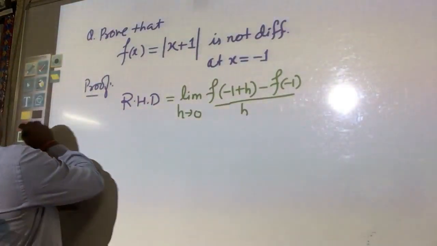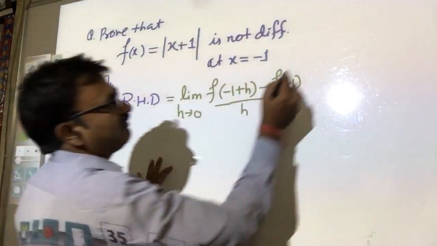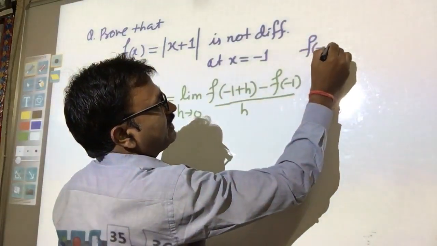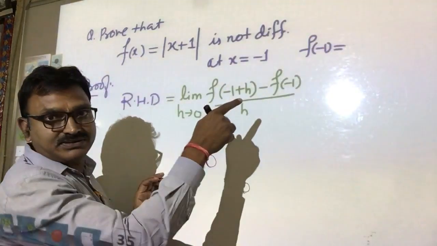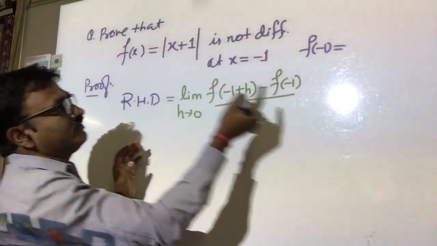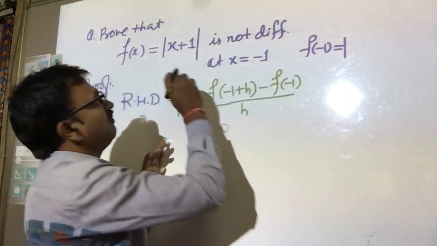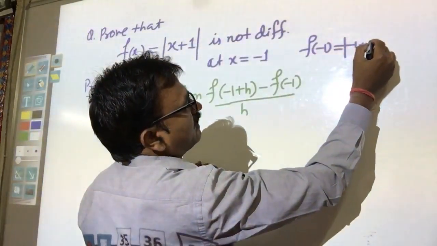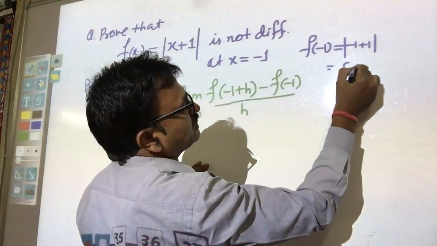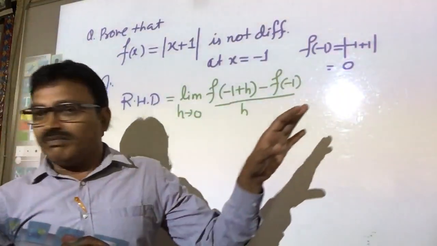If anyone has a problem, first we will find f(-1). It is our homework: |-1 plus 1| is mod 0, which is 0. So f(-1) is 0.